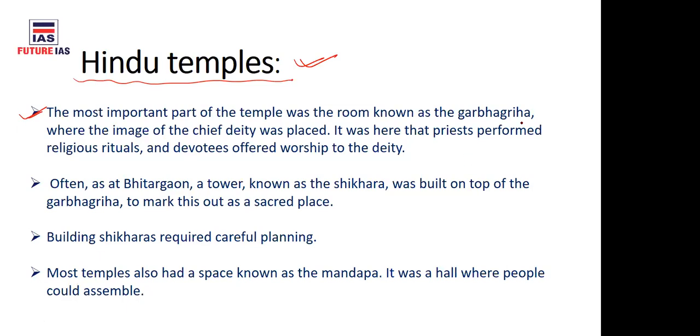So the room where the main deity was placed is known as garbhagriha, and that garbhagriha is the most important part of any Hindu temple. This thing you must understand.